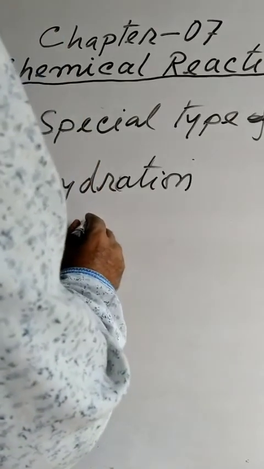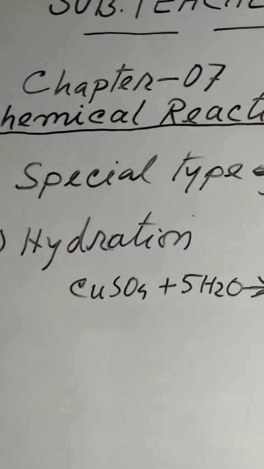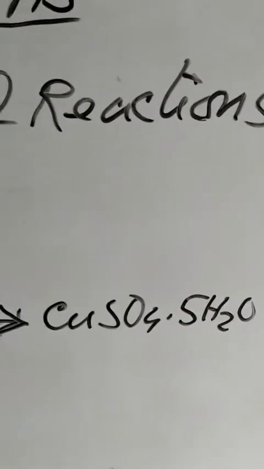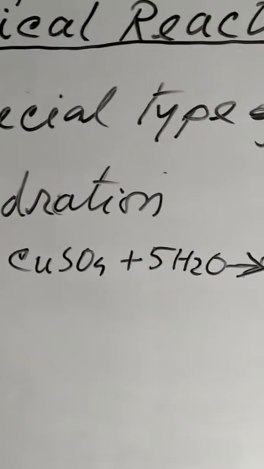Example, copper sulfate plus 5 molecules of water produces copper sulfate pentahydrate. Here a certain number of water molecules is added and produces a crystal lattice, crystal form. This reaction is called a hydration reaction.